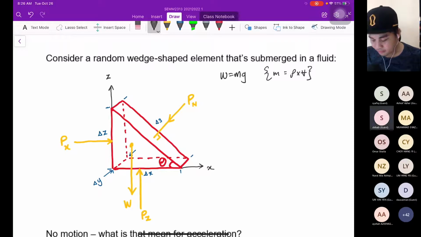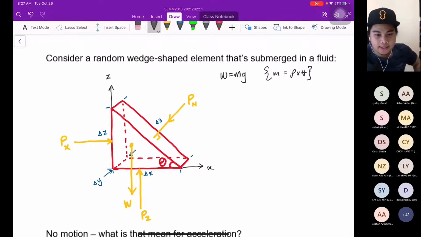Why is there no force along the Y? Why is there no pressure along the Y? Consider this is 2D, X, Y. Because we want to show you the 2D.